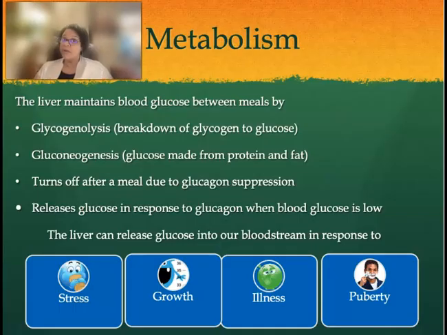Also, their constant growth is a stress on their system, and that affects their glucose. If they're sick, or they develop some type of infection, that affects their glucose. And then when they are going through puberty, we'll see some changes in their metabolism and growth, production, and usage, and so forth. All right.